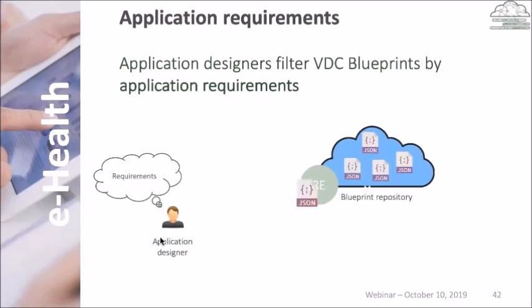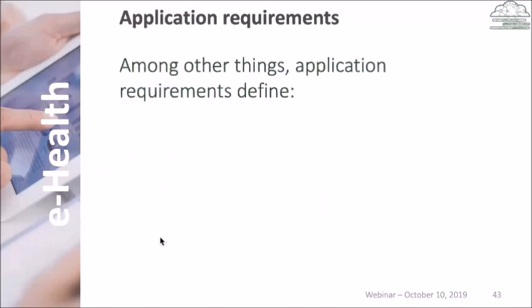In there is a DITAS component called the resolution engine, which takes care of selecting the best blueprint for the job. So what's contained in this application requirement JSON file?